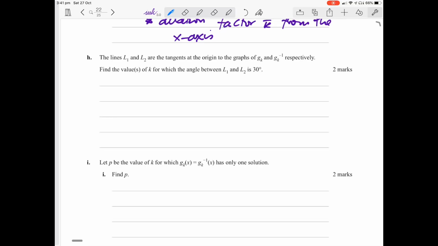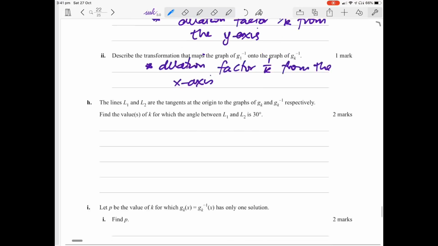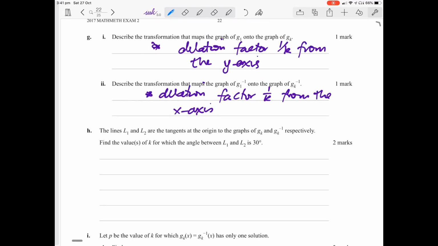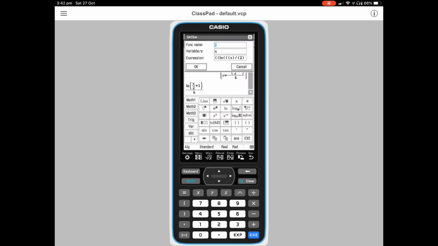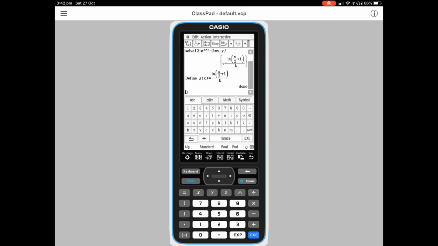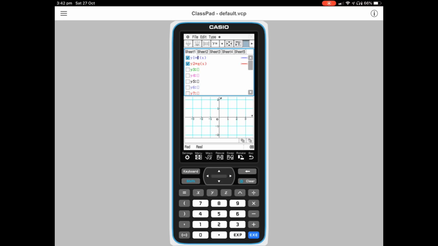Okay, L1 and L2 are the tangents at the origin of g of k and g of k inverse. Have I got g of k? Okay, so that's g of k inverse. Define that as g, because I've got a k and they're going to say given k.